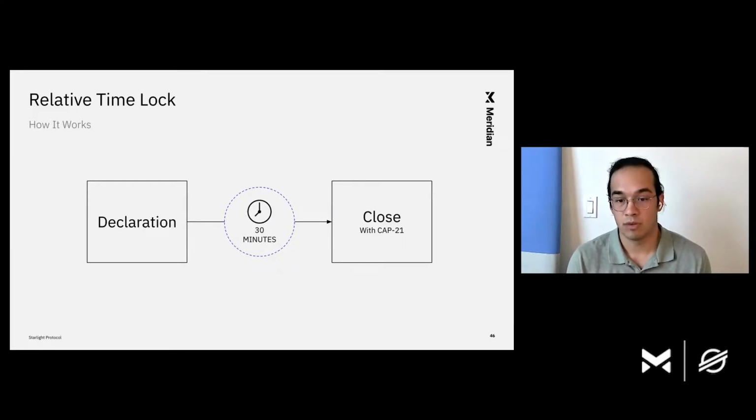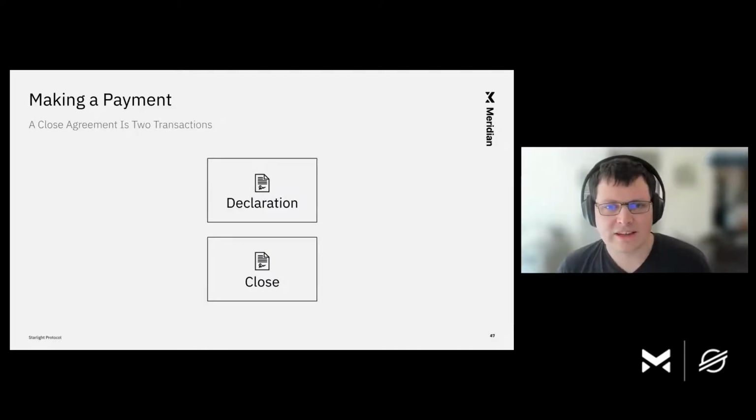With Cap21, we configure the close transaction so that there must be a delay between itself and the declaration. So if I submit a declaration, like in the example that Leigh gave, this delay is what gives Leigh the time to dispute the closing of the channel. So that's how the declaration and the close transactions come together to close the channel.